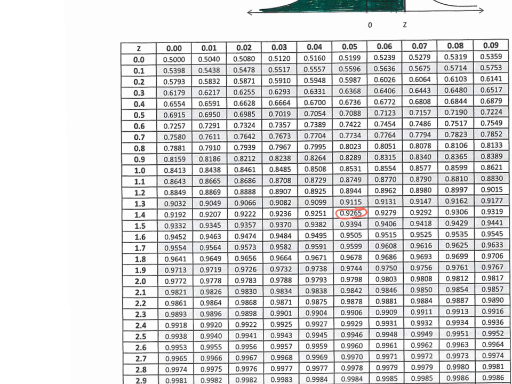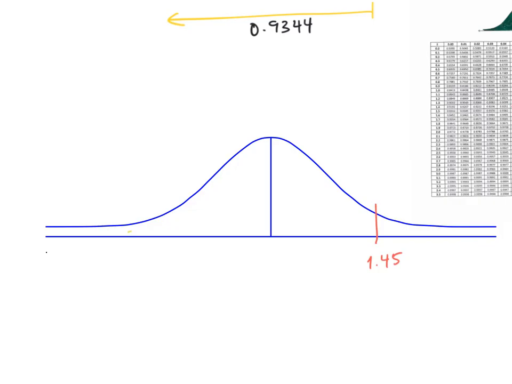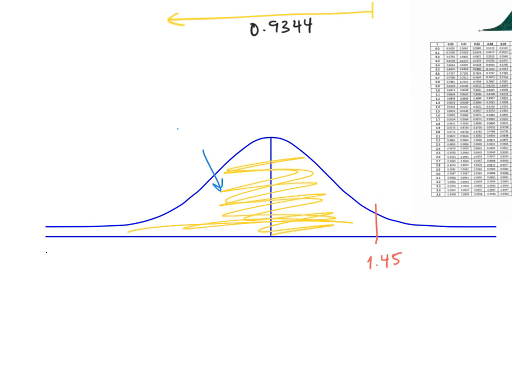So that's the area that's going to be the yellow area, or the area to the left. Use the same coloring. What was the value on the table? 0.9265. So that's the yellow area. If I ask you for that, that's the answer.